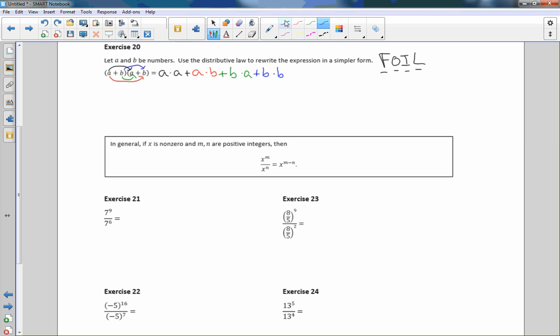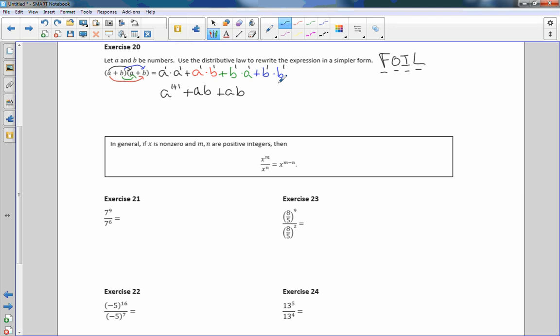Okay, now I'm going to simplify this. Remember, these are all to the first power. If there is no number there, it is to the first power. I have two bases that are the same that I'm multiplying, so I'm going to get the same base and add the exponents. Plus a times b, they're not like terms, so they're just going to stay ab. Plus another b times a. Let me put them in alphabetical order, because 3 times 2 is the same as 2 times 3.